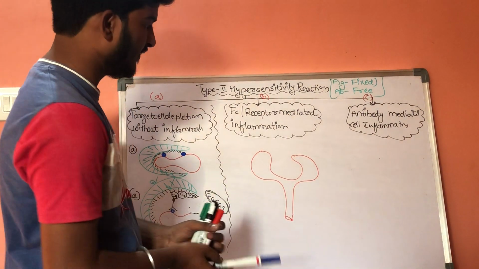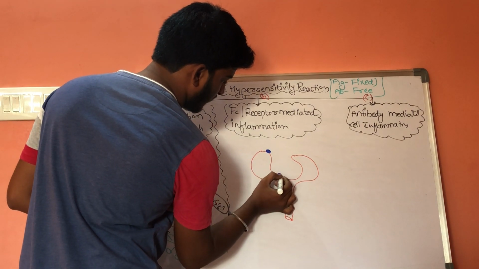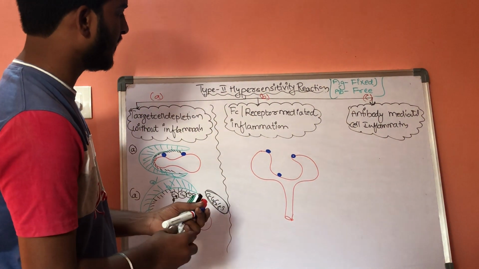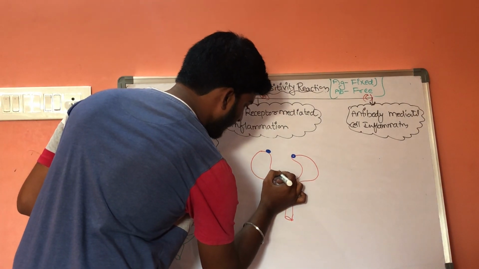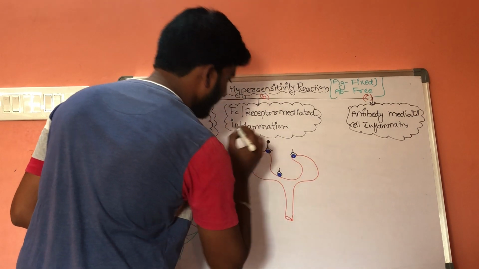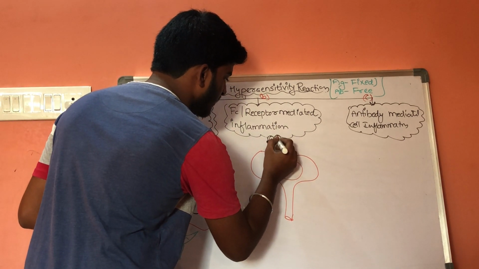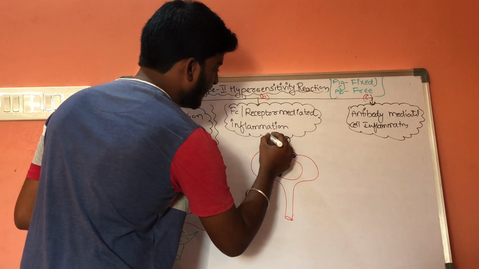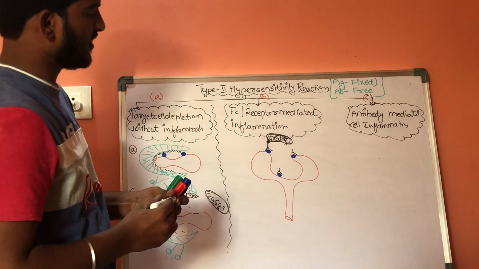On the surface of the glomerulus, if any antigens are present, or in case of glomerular nephritis, any antigens are present on the surface of the glomerulus, then it will activate a special type of antibodies. Then the Fc portion will get activated. Then C1 will be attached, C4 will be attached, C2 will get attached, and C3 will get attached. So it forms the complementary proteins.